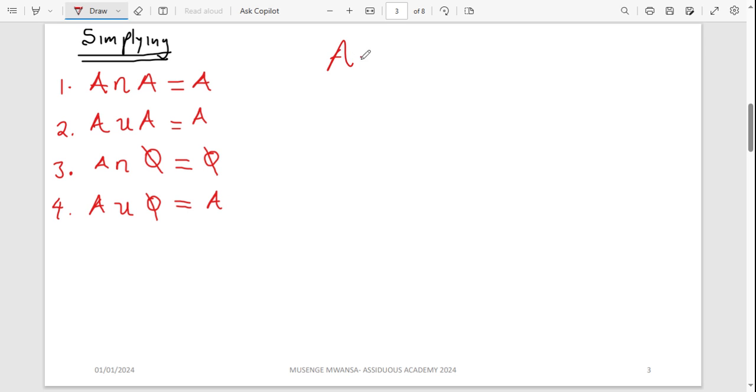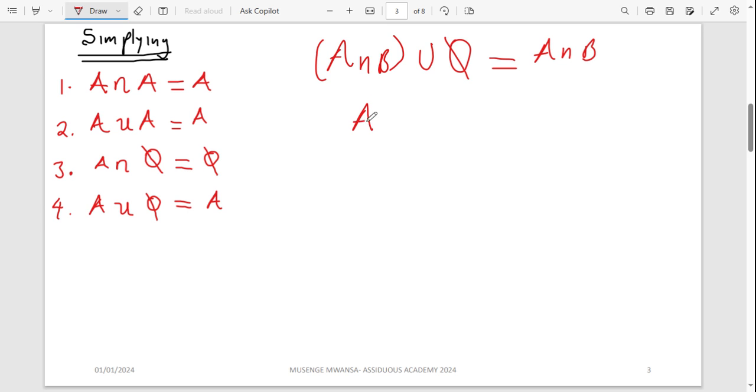So meaning that if they've given, say, a set A intersection B, and then they say union empty set, what is going to be the answer? Anyone? Yes, that's how you answer these questions. Very good.